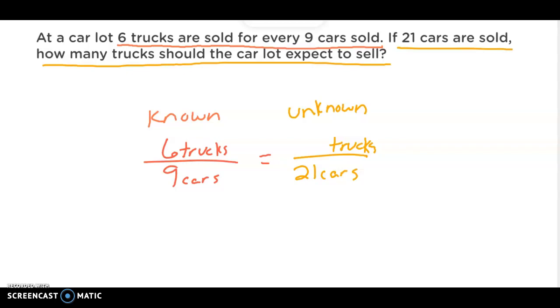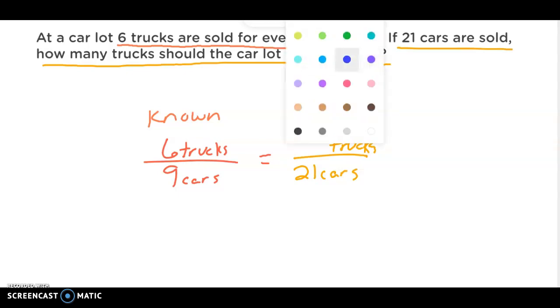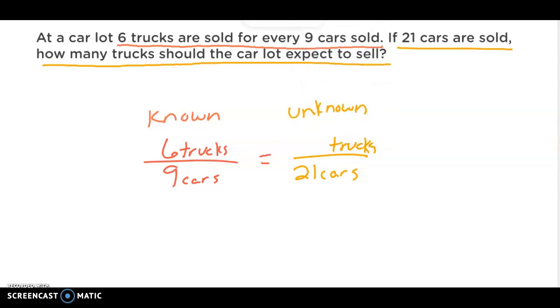Now, here's the thing. We were taught yesterday that we have to use our arrows, and we're going from the known always to the unknown. Now, I want you to look at something. 9 does not evenly go into 21, and it's going to be a decimal.